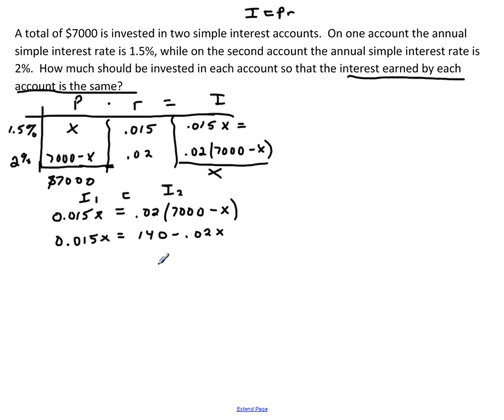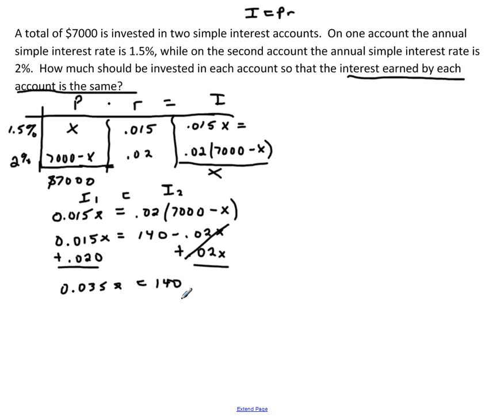We want to isolate our x terms on one side of the equation, so we should add 0.02x to both the left and the right. We can say 0.020 for the purposes of keeping the decimals all the same. And we find that we get 0.035 times x is equal to 140.